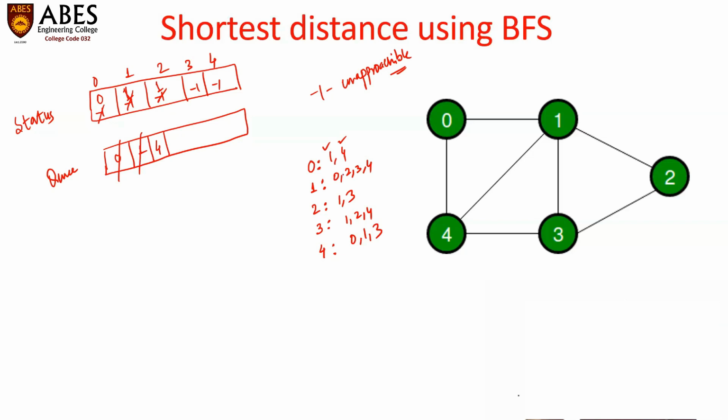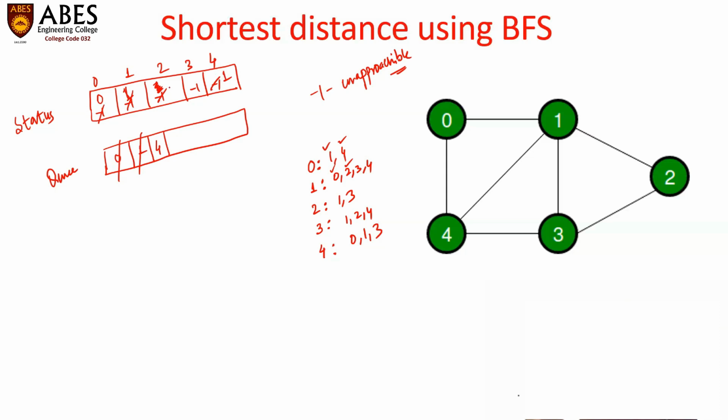The connections from 1 are 0, 2, 3, and 4. The status of 0 is 0. It means that vertex has already been visited. 2 has not been visited earlier. Sorry, we have made a very small mistake. Instead of writing 1 as the distance of 4, we should write it as the distance of 4 properly. Okay, so 2 has not been visited earlier. Its status is marked as -1.